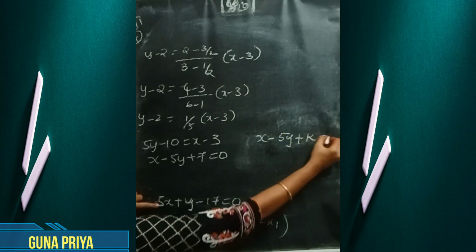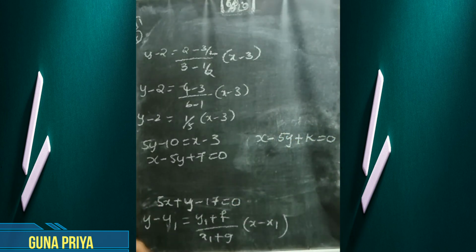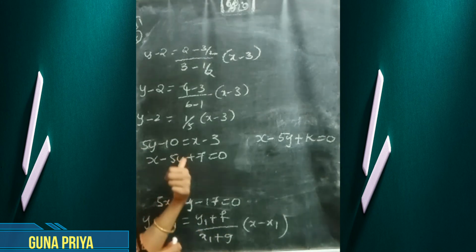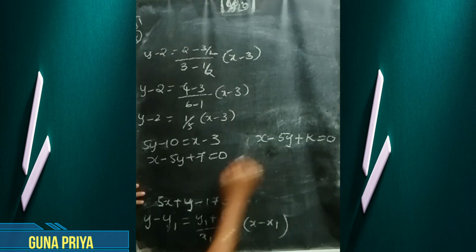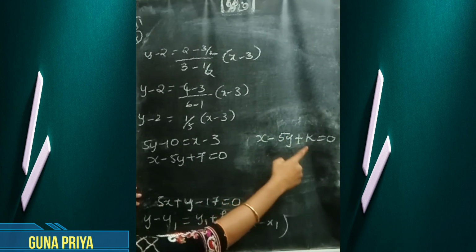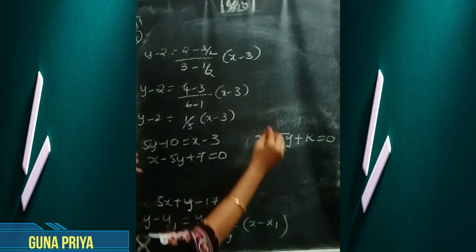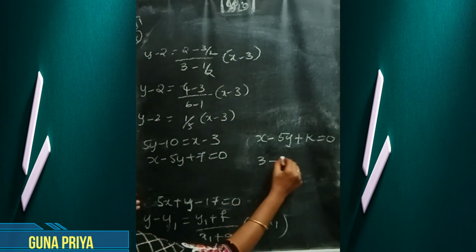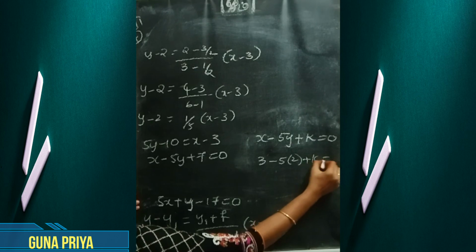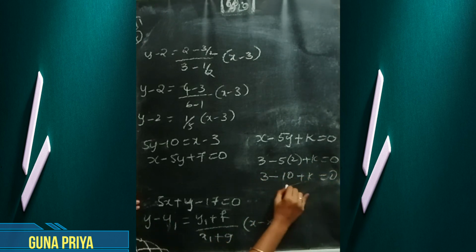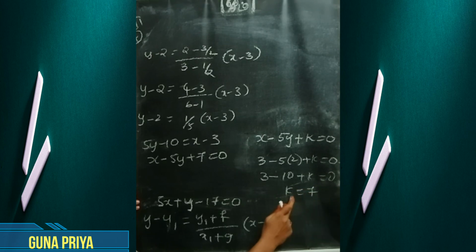Because it is perpendicular. The equation perpendicular to the tangent is nothing but the normal equation. So x minus 5y plus k. We know the point here, x, y: 3 minus 5 into 2 plus k equals to 0. So 3 minus 10 plus k equals to 0. k equals to 7. Now substitute this k in the normal equation.